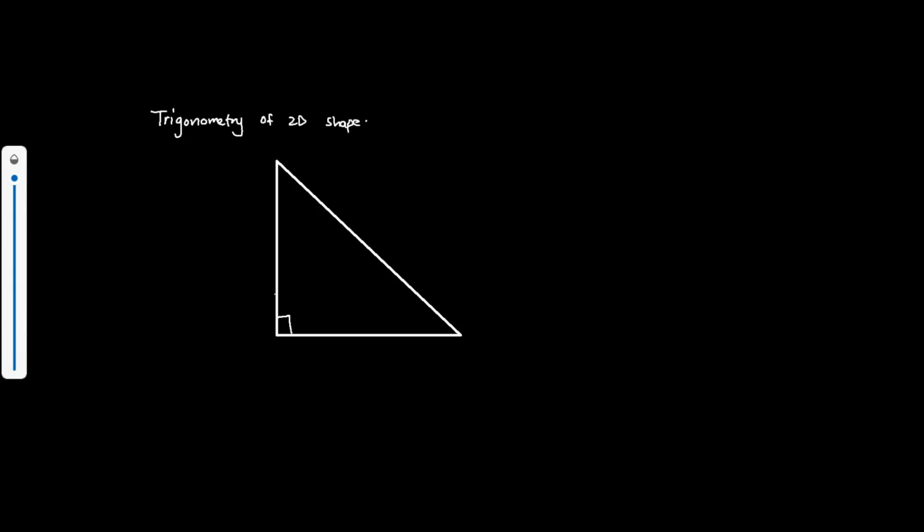Now a right angle triangle has three sides and we can name these three sides. The side that is opposite the 90-degree angle, which is the longest side of the right angle triangle, is called the hypotenuse.